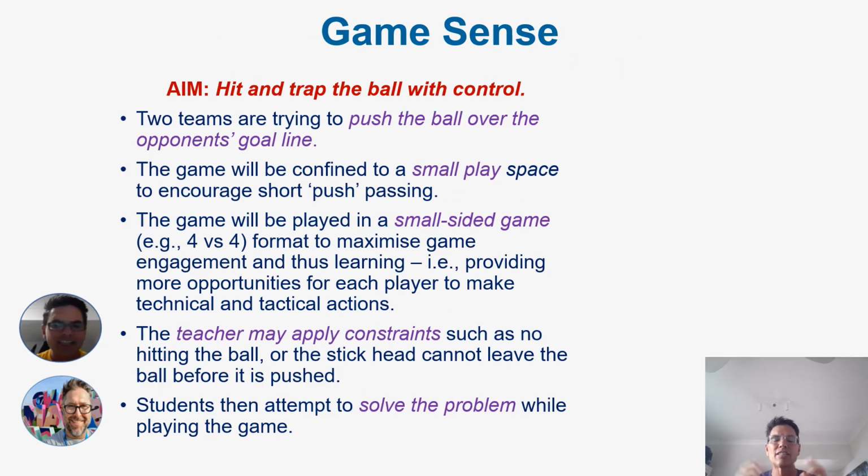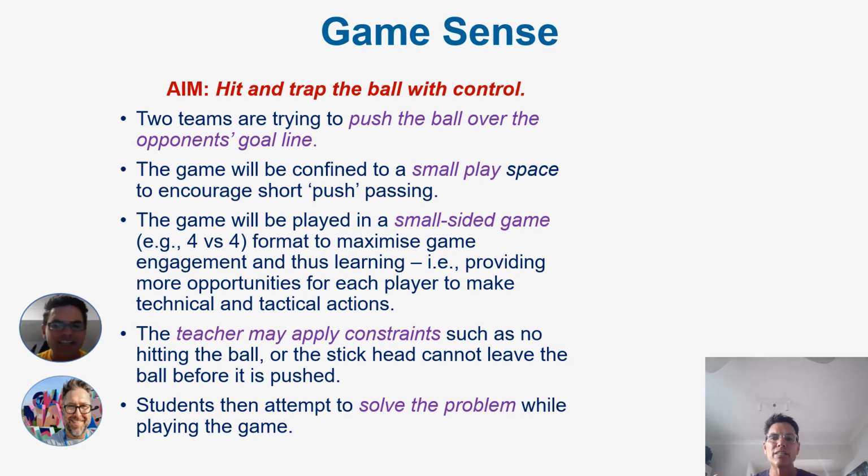All right, so first of all, let's have a look at a learning episode which might be a typical game sense approach where we might, to set it up, say to students, we're doing field hockey and the aim is to hit and trap the ball with control. We might have two teams, 4v4, who are playing a small-sided game where they're trying to push the ball over the opponent's goal line.